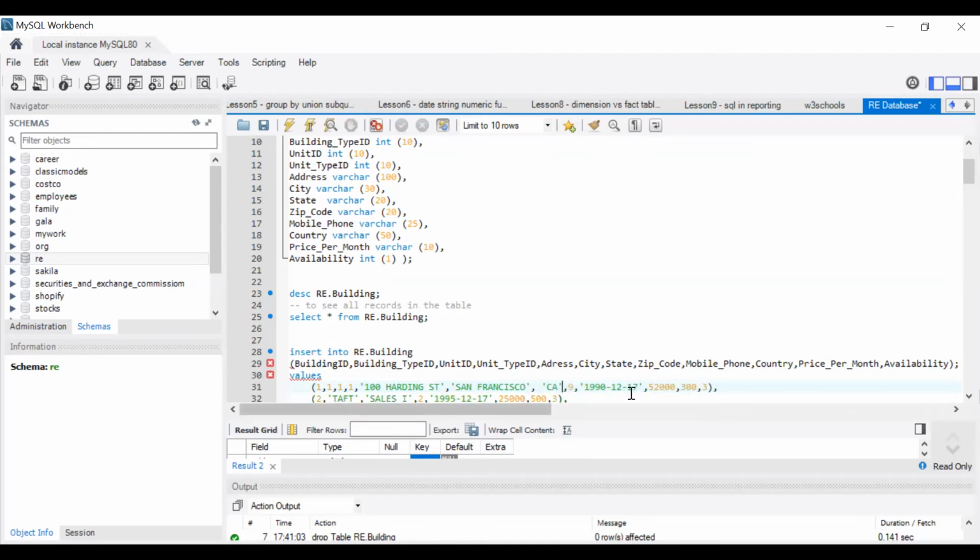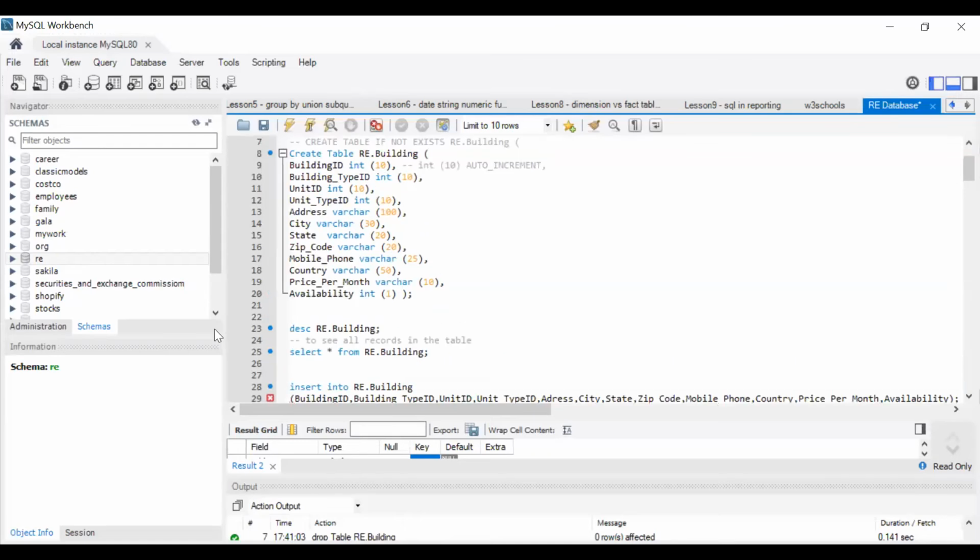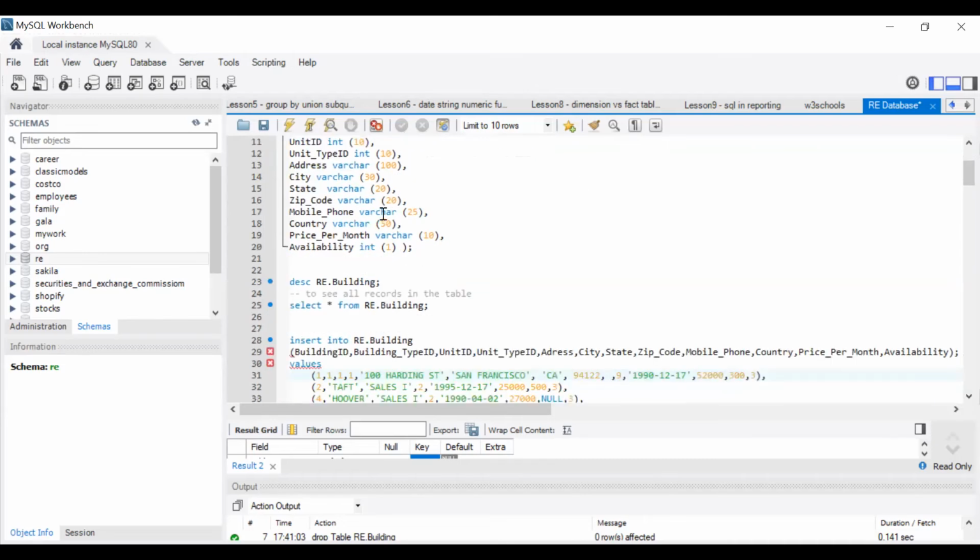Zip code. I don't know, 94122, let's say. Mobile phone. Since it's a varchar, I can spell it any way I want. So I'm going to do 415 dash. I can do that because it's a varchar. I can do whatever I want with this field.